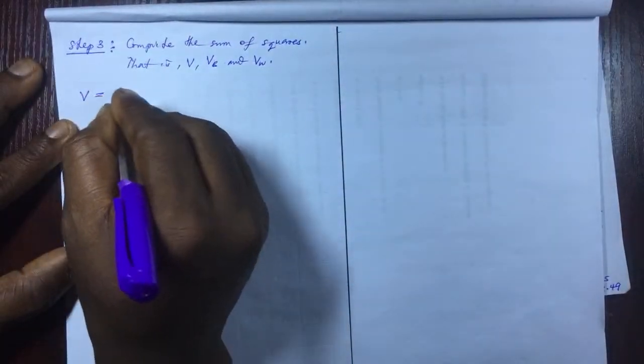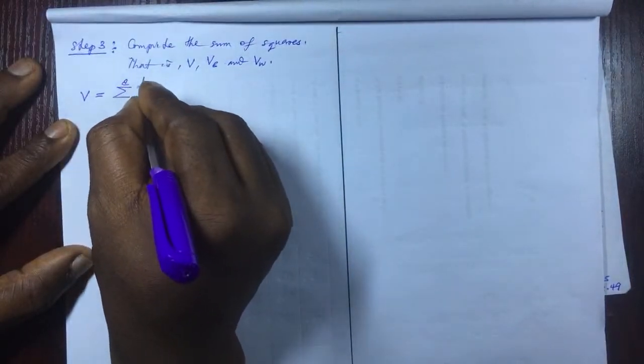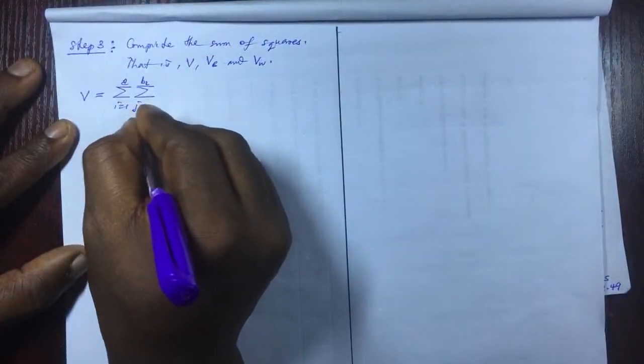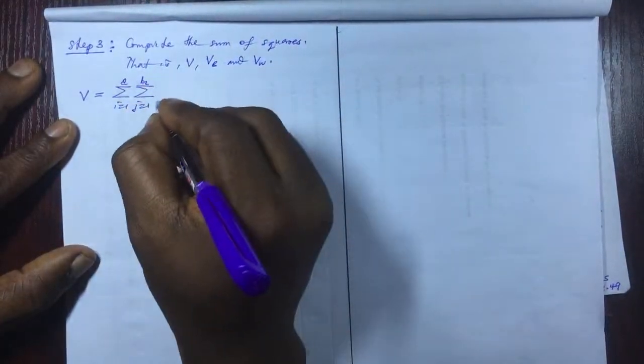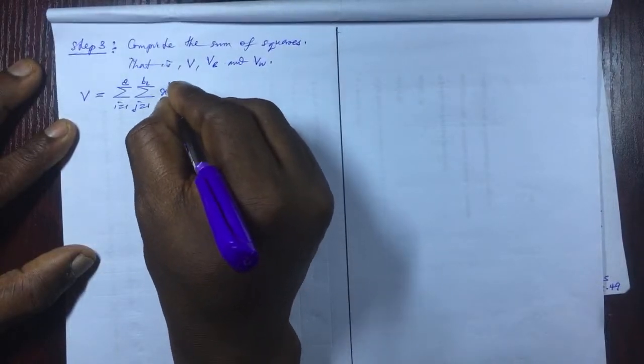How do we compute V? V will be equal to the double summation. Please take note, this case is an unbalanced case, so I'm going to use BL, from I equals 1, J equals 1 to BL, okay? Because the levels are not the same in number.